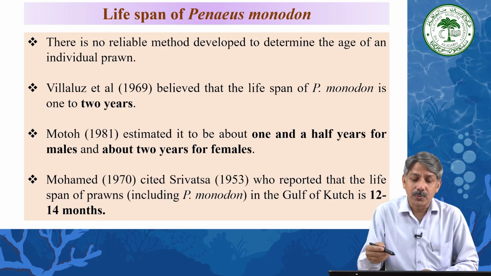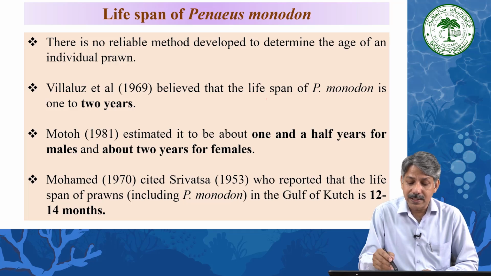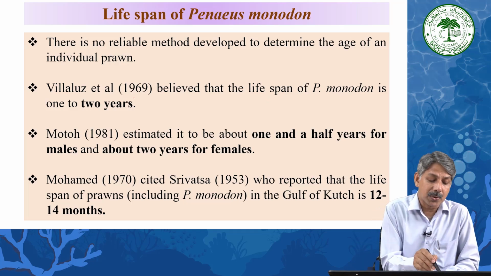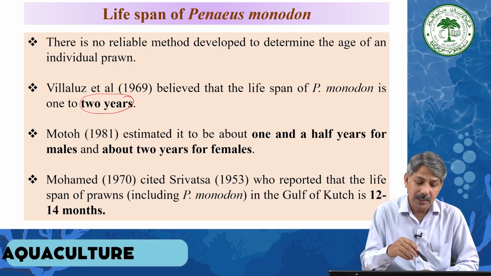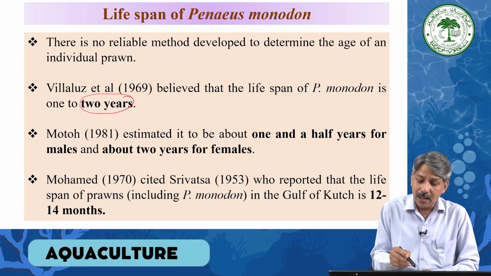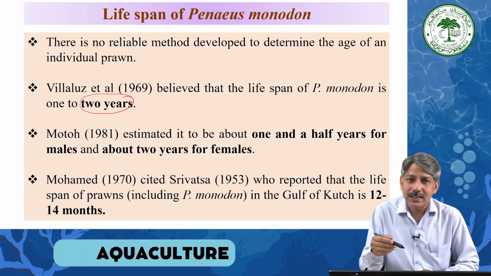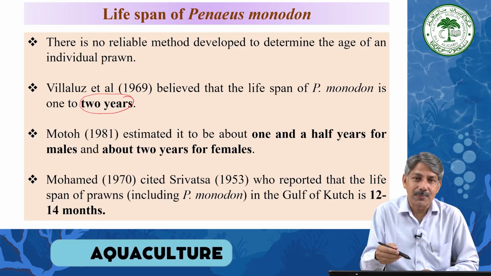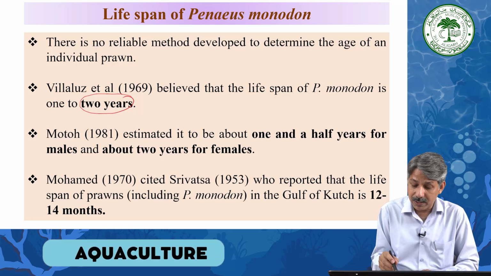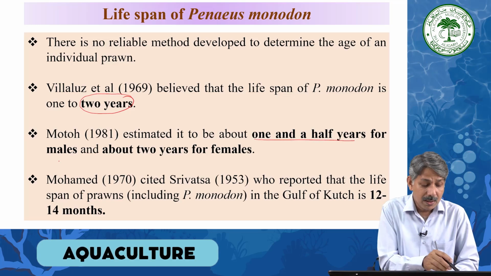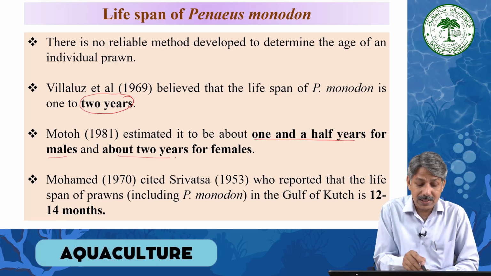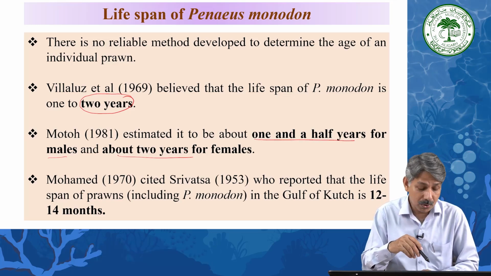It is quite difficult to determine the age of an individual prawn, but what people have studied is that the lifespan of Penaeus monodon is about 2 years. Villaluz in 1969 described it, and other authors have also studied the lifespan, with more or less similar information reported, like 1.5 years for males and about 2 years for females, reported by Motoh in 1981.